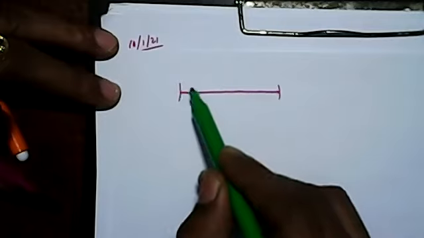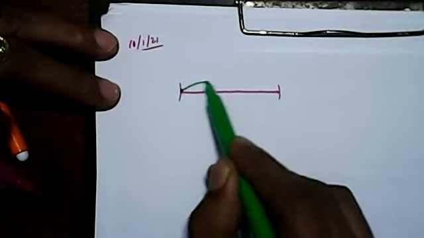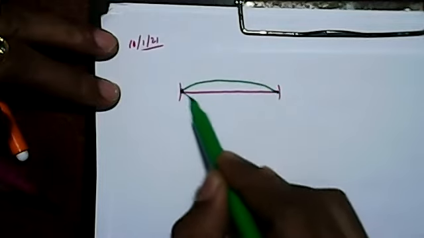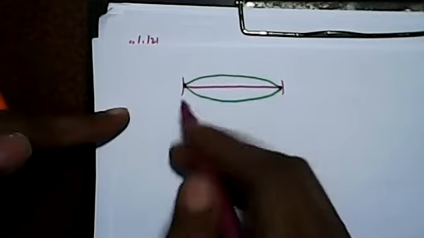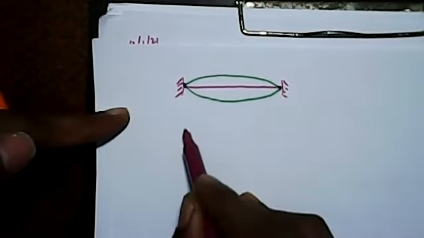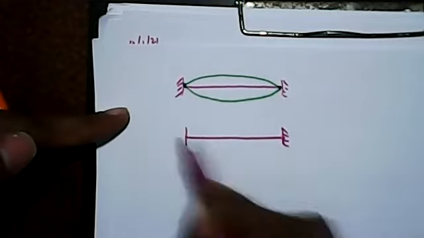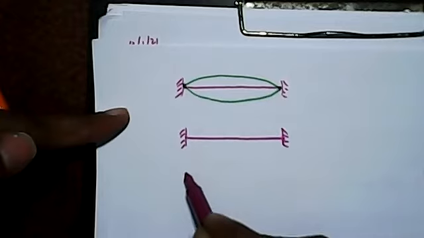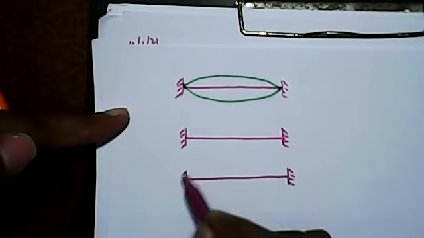So one possibility is this one. It can vibrate like this and vibrate like this. Okay. So these two ends are fixed. So consider another case. This is all known to you.